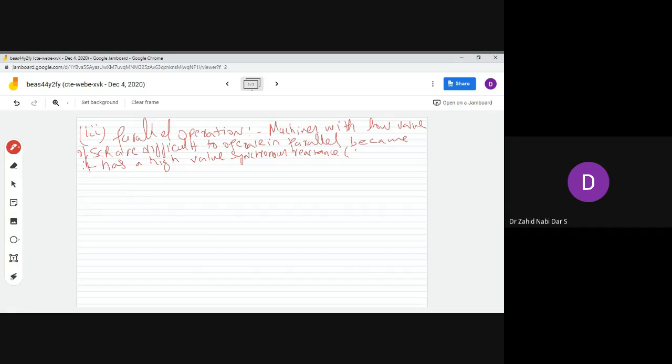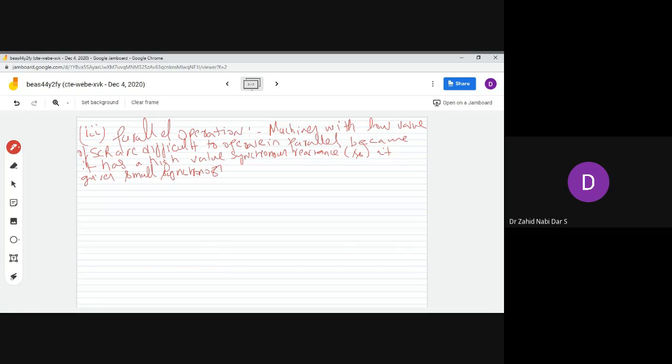So this high value of synchronous reactance is there in these machines. What does it do? It gives a small synchronizing power. So we know the synchronizing power formula.